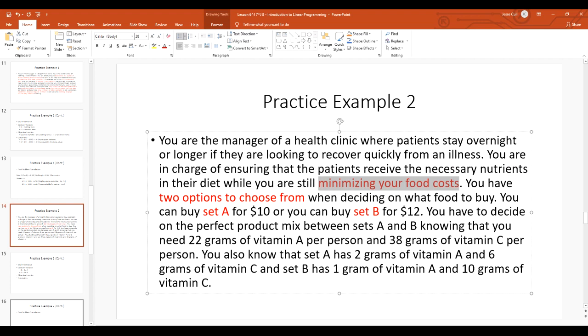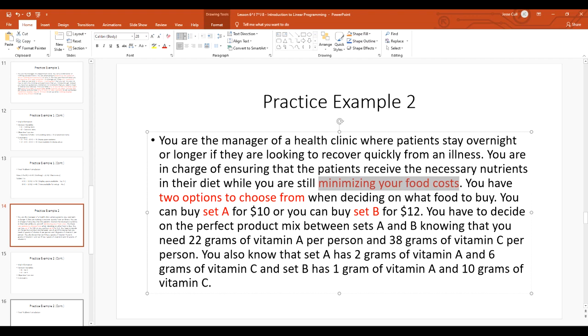And in this situation, we have two options to choose from when we decide what food we can buy. So now we know we're trying to minimize, and we know we have to buy set A or set B, but we have to include the parameters, which is our numerical values associated with this problem.